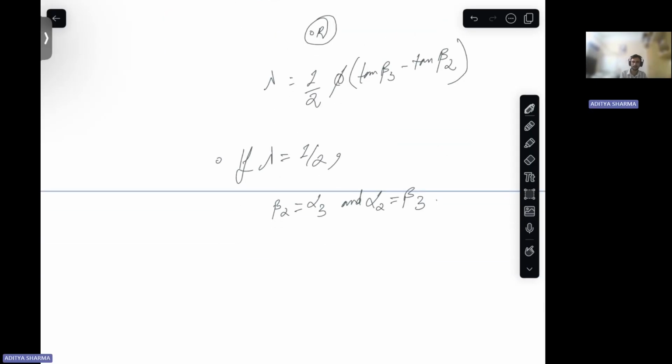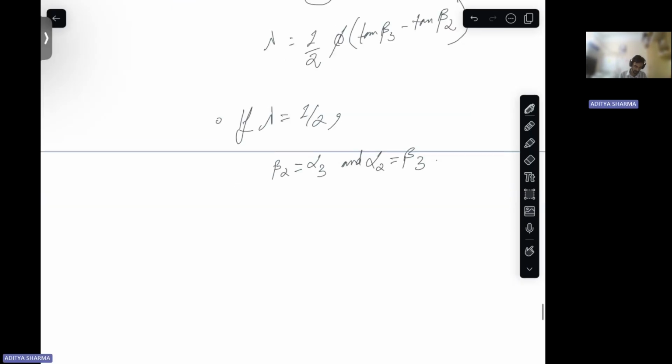So this is the degree of reaction for your axial turbine.